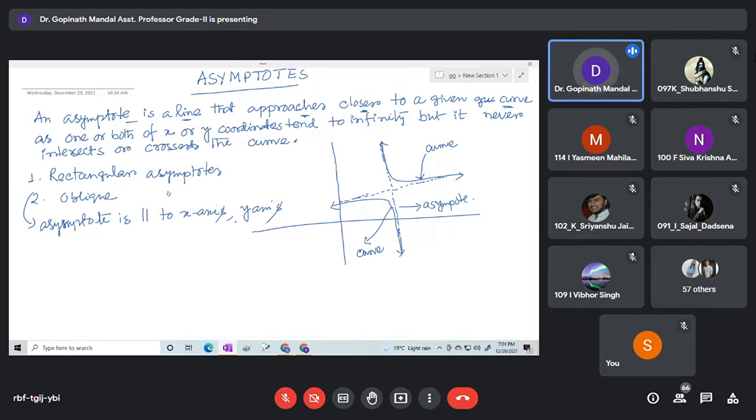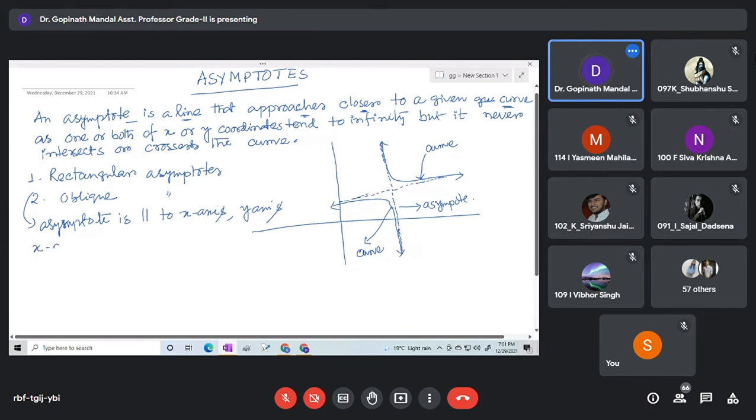If it is parallel to x-axis, then it is called a horizontal asymptote, and if it is parallel to y-axis, then it is called a vertical asymptote.